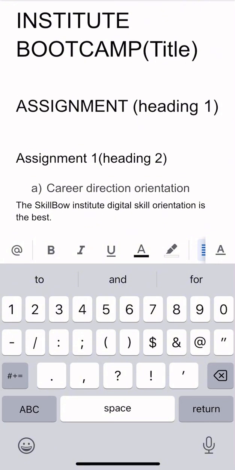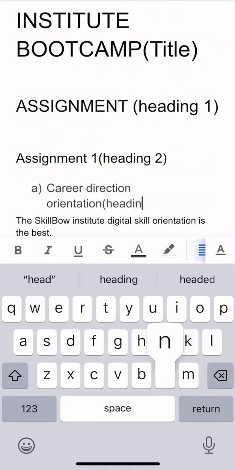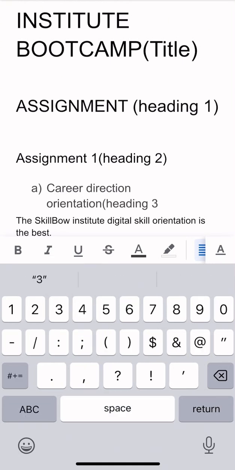So the body of your content or the project, whatever you are writing, each of the topics or subtopics inside must be heading 2, and any subtopic under it should be heading 3, just like you can see that I'm doing here. This is heading 3.